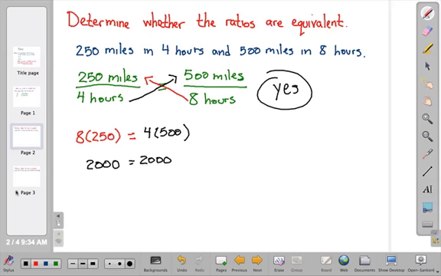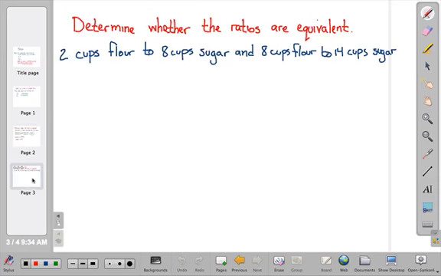Here's one more example for us. We have to determine whether these ratios are equivalent. We have 4 cups of flour to 8 cups of sugar and 8 cups of flour to 14 cups of sugar.